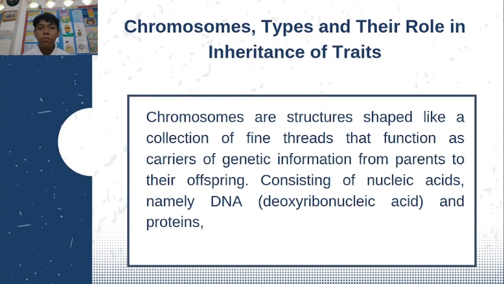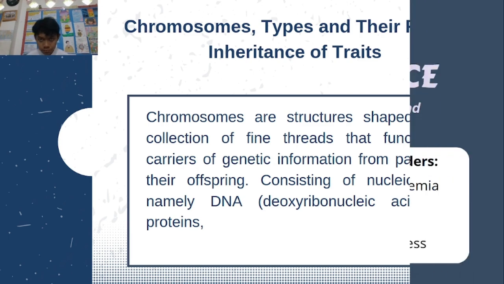Then we're going to talk about chromosomes, types, their role, inheritance, and disorders. Chromosomes are structures like a collection of fine threads that function as carriers of genetic information from parents to their offspring, consisting of nucleic acids, namely DNA, deoxyribonucleic acid, and proteins.